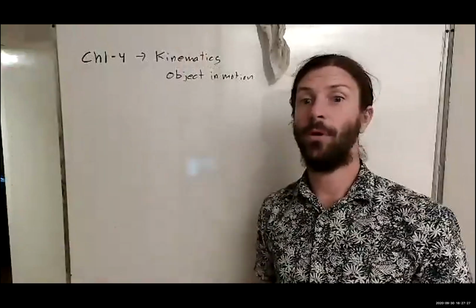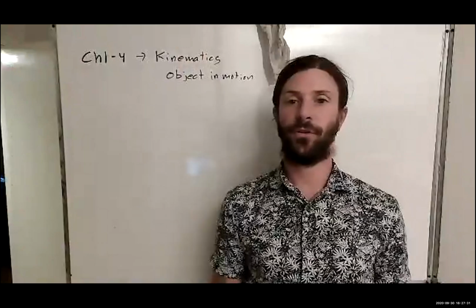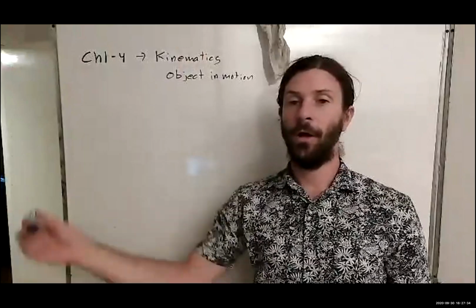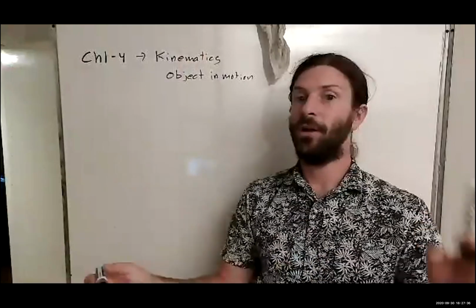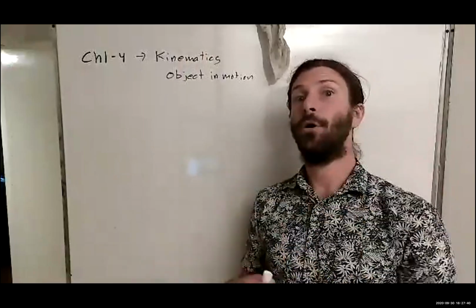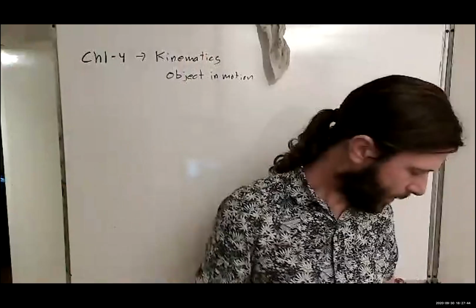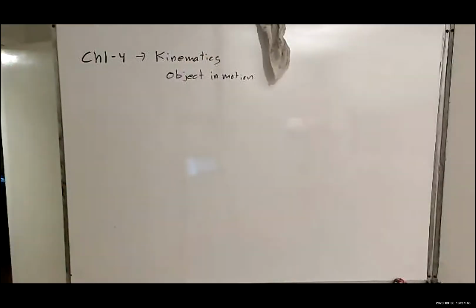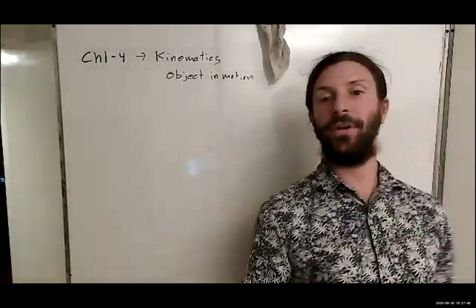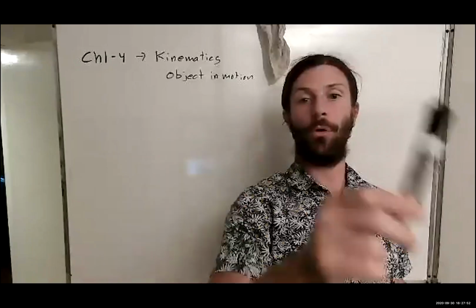Chapter 2 is one-dimensional motion, things that are just going up or down, or left and right. Chapter 4 is motion in two dimensions, so something that might be moving left and right as well as up and down, or in a circle.